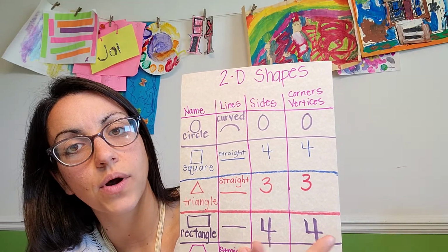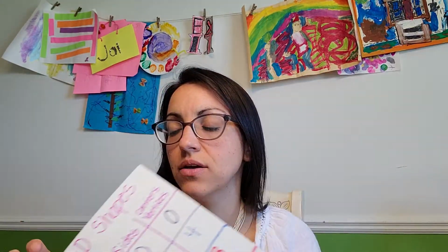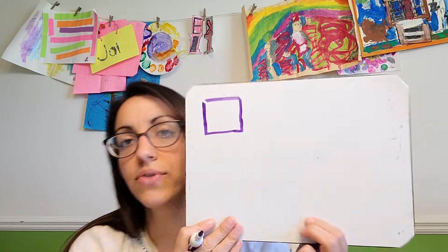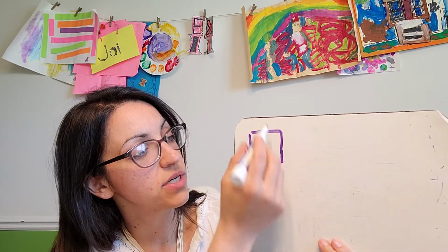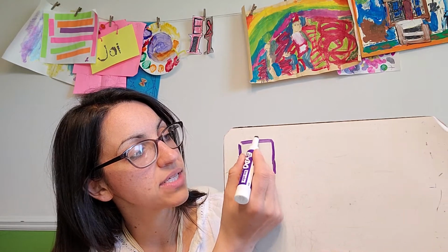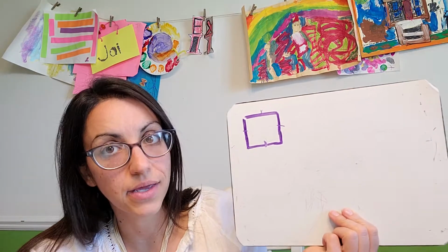sides, and 4 vertices. Do you remember what makes a rectangle and a square different? Well, in case you forget, a rectangle and a square both have 4 sides, right? And 4 vertices. But a square, all 4 sides have to be the same, or we know a fancy word for that is equal.